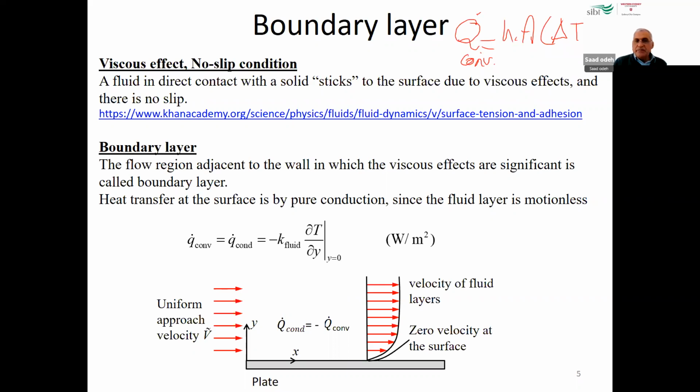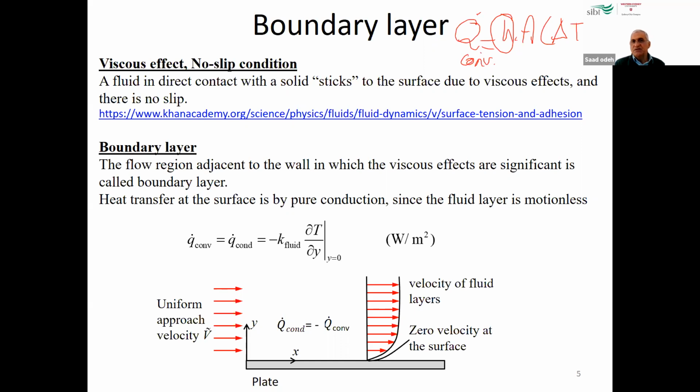So in previous examples, we had h because we were already given h, the heat transfer coefficient, because we didn't get yet to the convection topic. So now our job is to find h, because this is the most important thing.